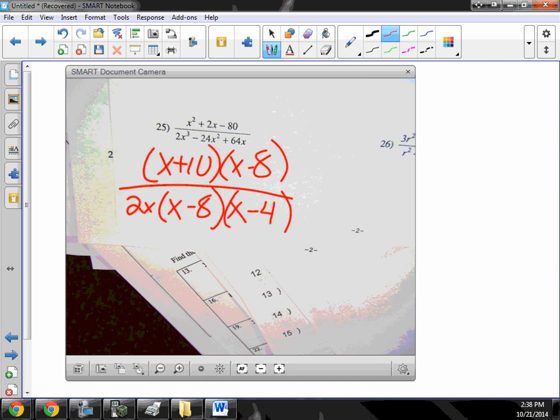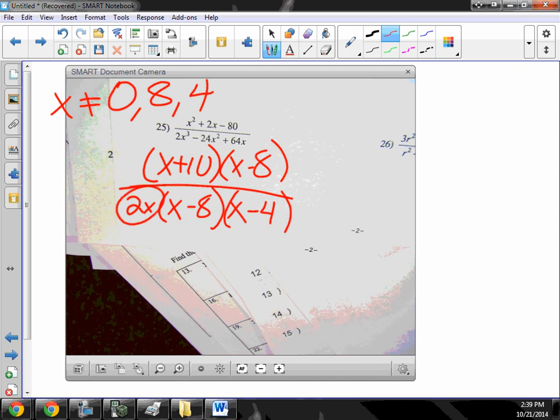So the bottom is an x to the third, so I should have 3 discontinuities unless there's a multiplicity in there. So my discontinuities are 0, 8, and 4. Does everybody see that? Right, so this is the 0. My 8's cancel and my 4's don't.